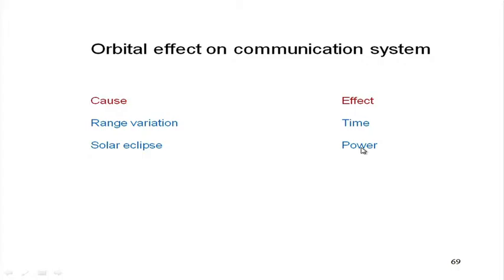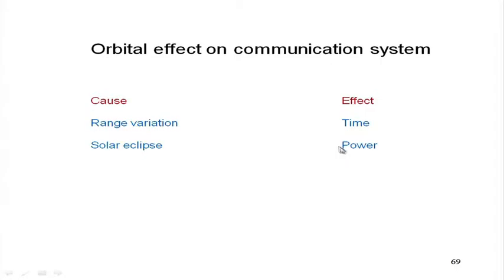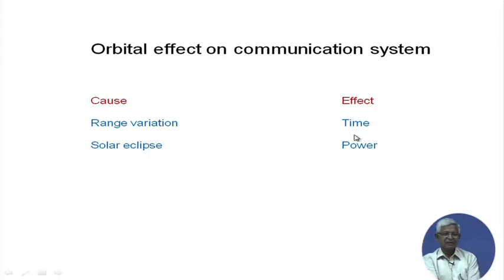The solar eclipse creates a problem, and of course in the initial days, satellites were not able to carry highly efficient and large batteries, so many of the amplifiers used to be switched off. Fortunately, this happens around midnight time.